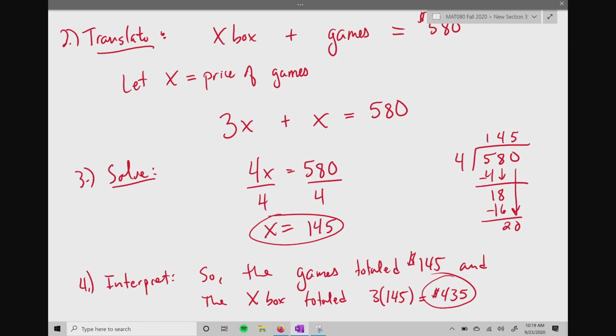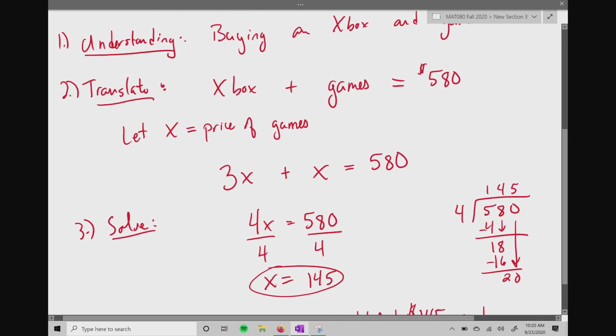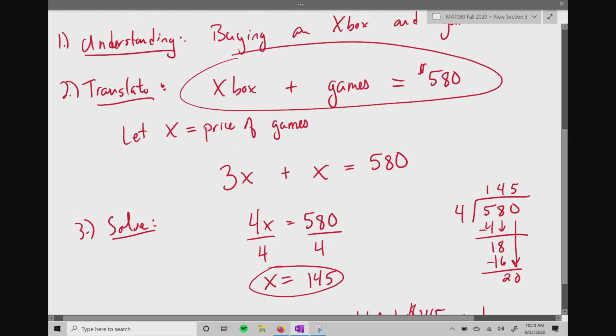Here's the thing. This is what you do every single time in terms of word problems. So we give you at least a little bit of a framework. And that framework is understand the situation, then try to translate it into an equation. If you have to, like right here, just use the names of the objects.